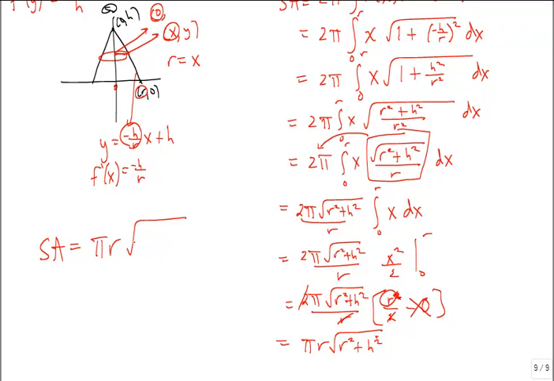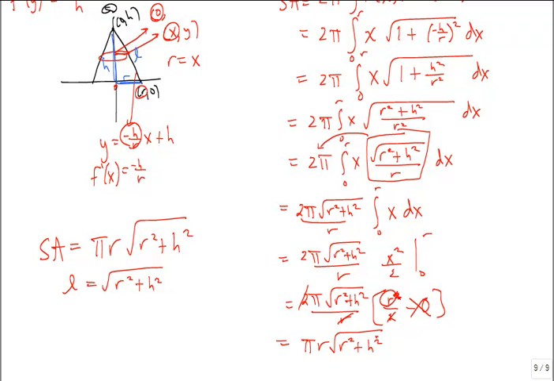And sometimes they'll use a new symbol. They'll let L be the square root of r squared plus h squared. Notice what that is on this picture. If this is r and this is h, r squared plus h squared, the square root of that is this hypotenuse. That's the Pythagorean theorem.